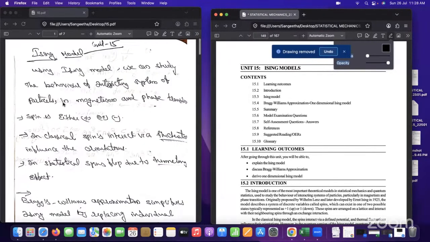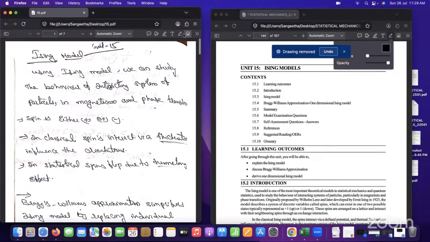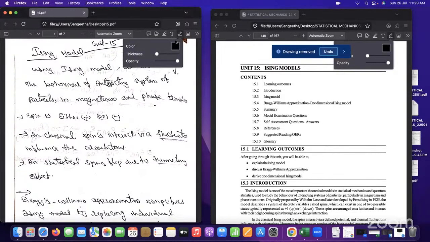We will study the behavior of the system, and we will study magnetization and phase transitions.